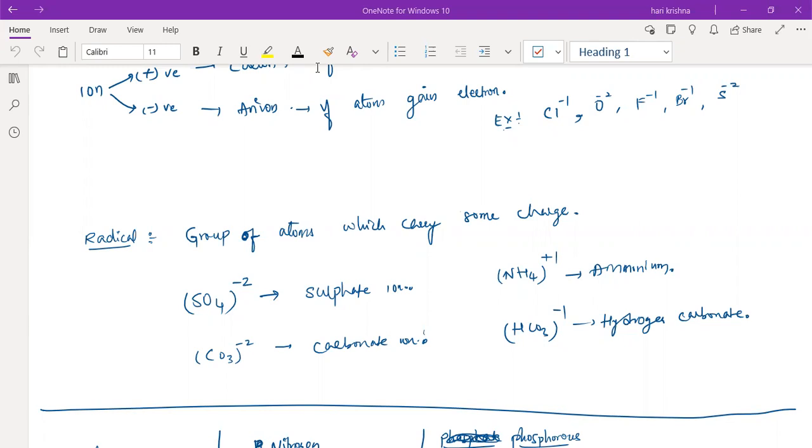Sir, I remember, Raghu. Very good. What about the remaining people? What about the remaining ones? How many of you remember the elements group wise?